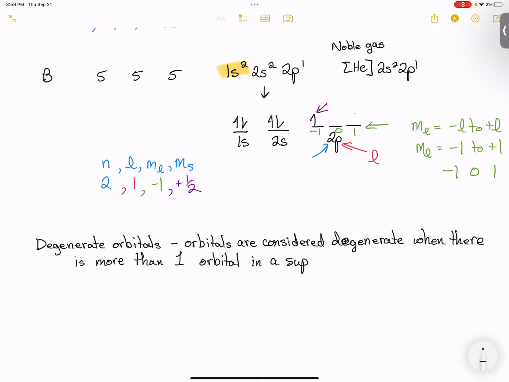So P, D, and F all have degenerate orbitals.